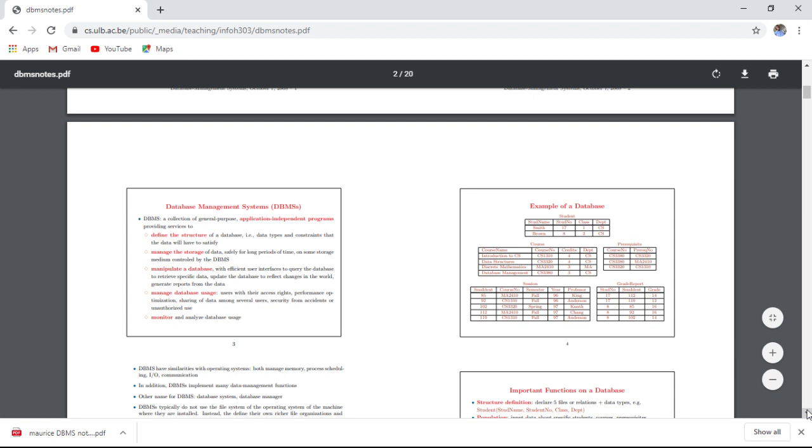So the database management system should be able to support that in that order, and also to monitor and analyze data usage. All right.